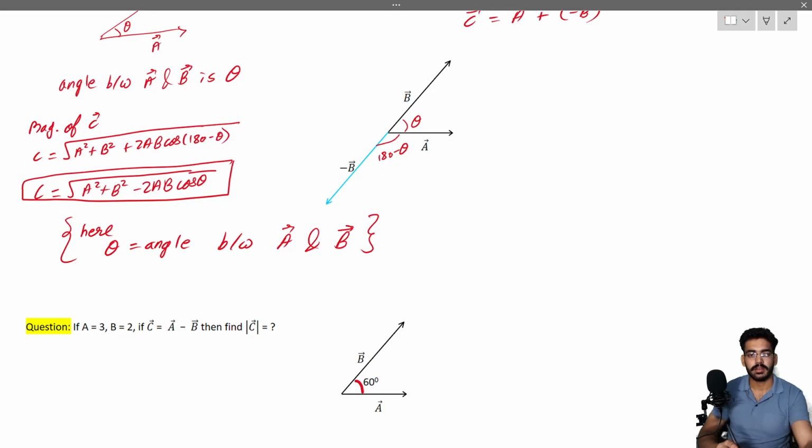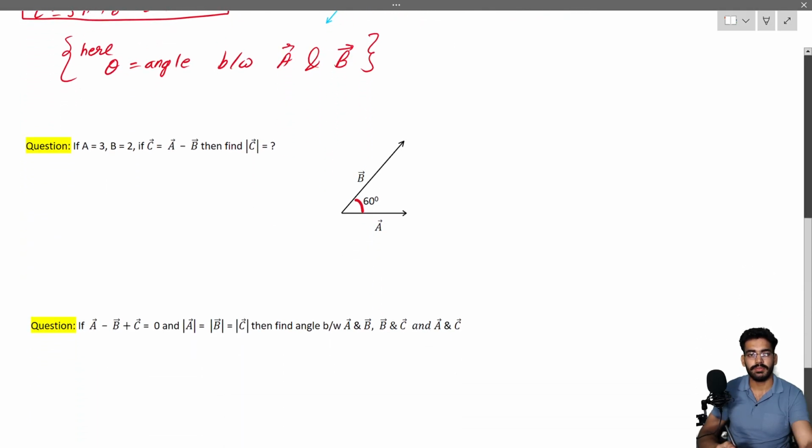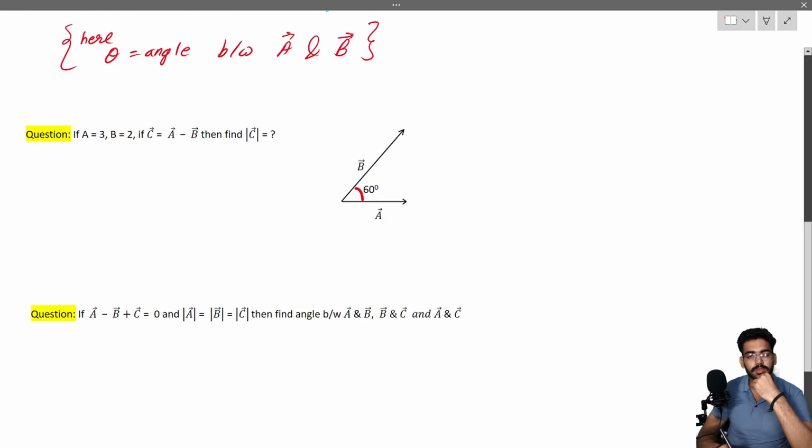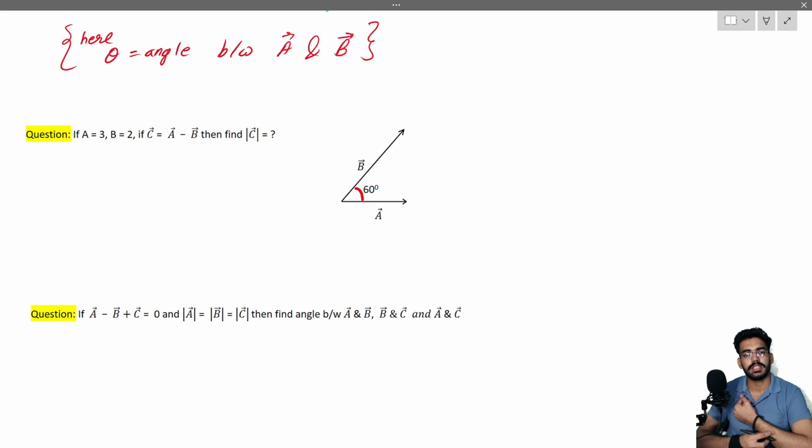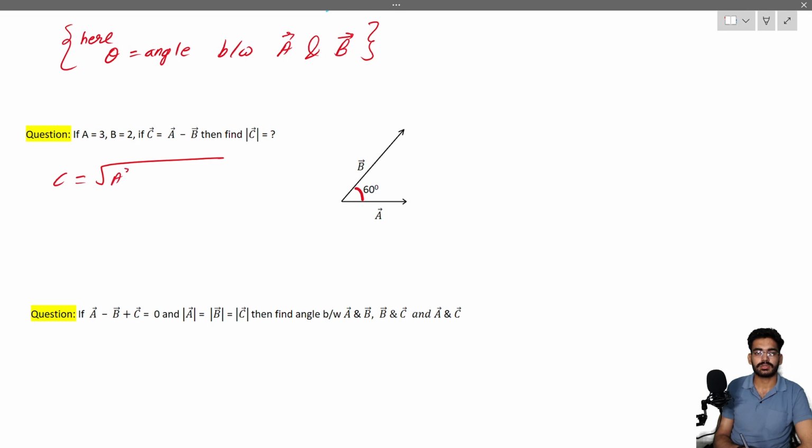Now let's solve some questions. If A equals 3 and B equals 2, and C equals A minus B, find the magnitude of C. That's a simple formula based question. C equals under root of A square plus B square minus 2AB cos theta.